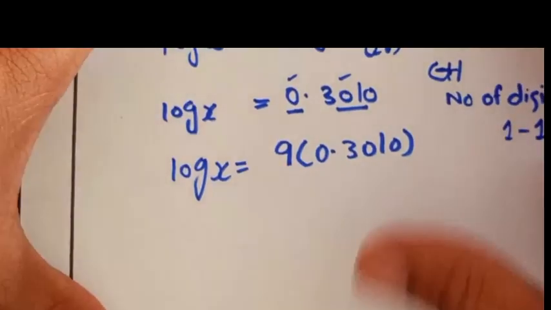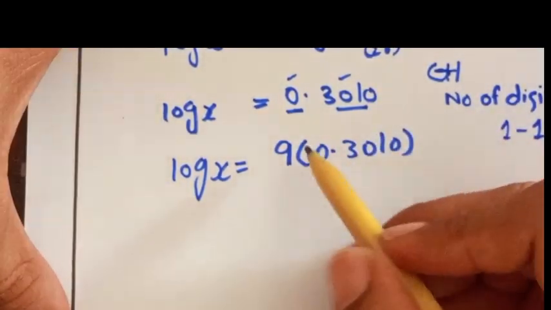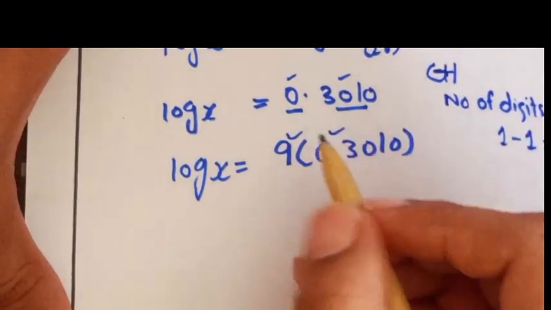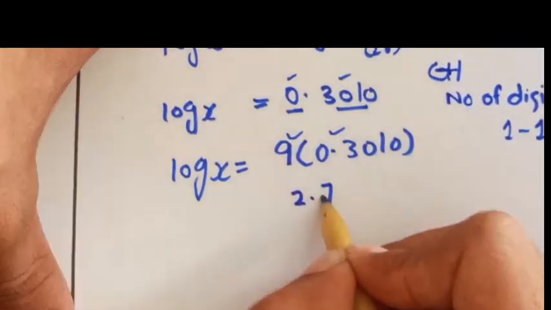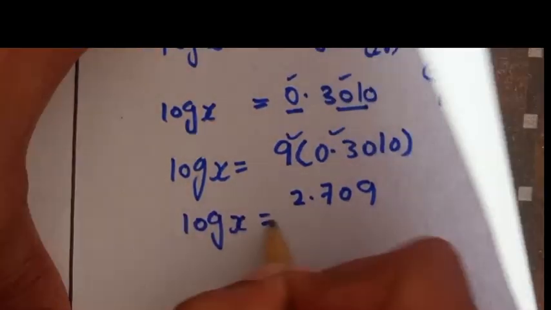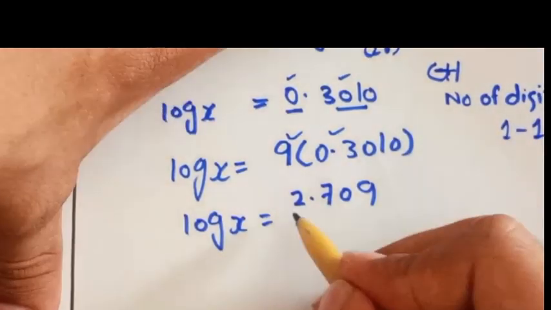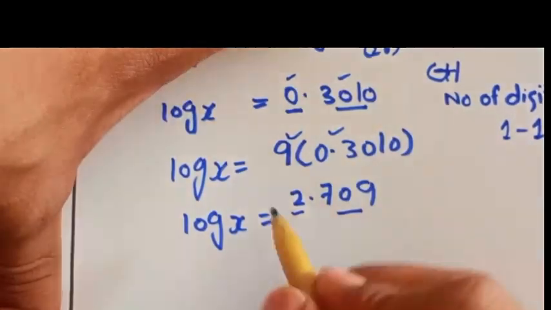Now see here, my characteristic and mantissa are found out. So now I will multiply this value with this one. So my value will be 2.709. Log x is equal to 2.709. So this is my characteristic and this is my mantissa. So now I will find out the number of digits.